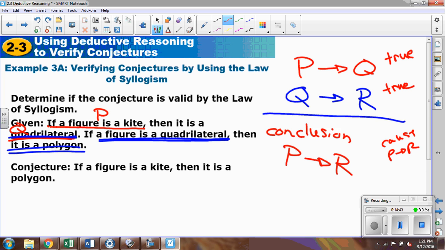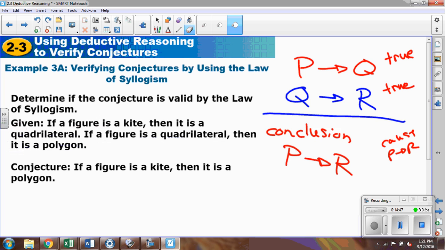So let's verify that. If a figure is a kite, well, what does a kite look like? That's a kite. Is that a quadrilateral? Does that have 4 sides? Yes. So that tells us then this one was true. That's correct. Verify the next one. If it is a quadrilateral, then it is a polygon.